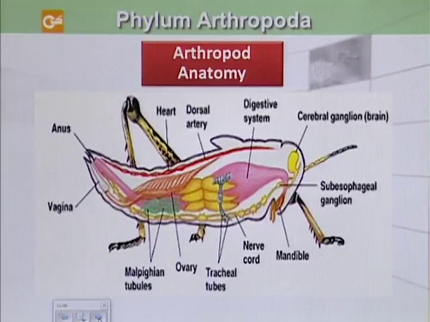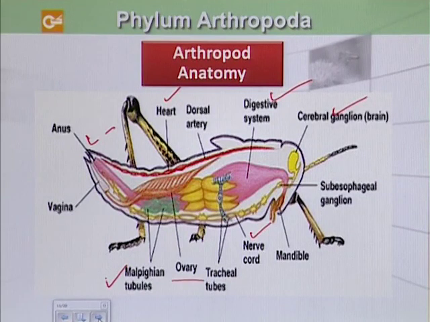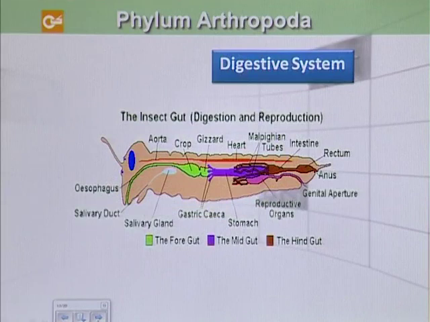And the general arthropod anatomy can be seen by this diagram here. They consist of a nervous system and a digestive system, as well as a heart. For excretion they have Malpighian tubules, and they have anus, and they have reproductive organs, and we will study these systems one by one. For digestive system, we can see here that they have 2 openings.